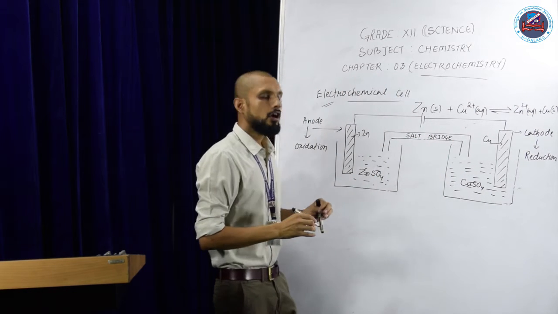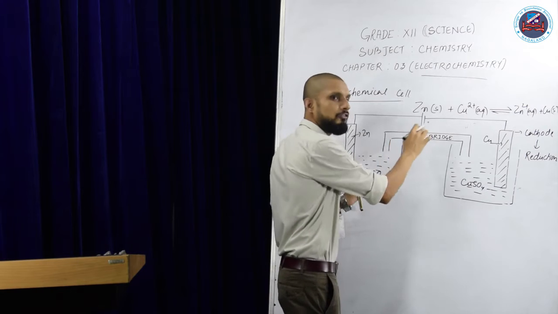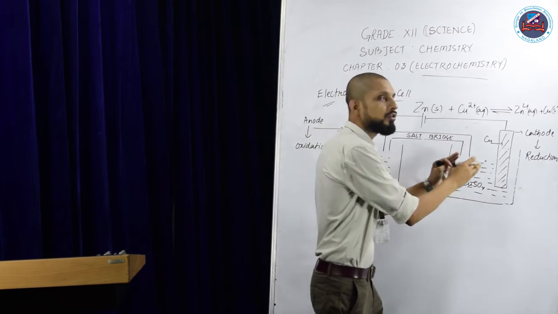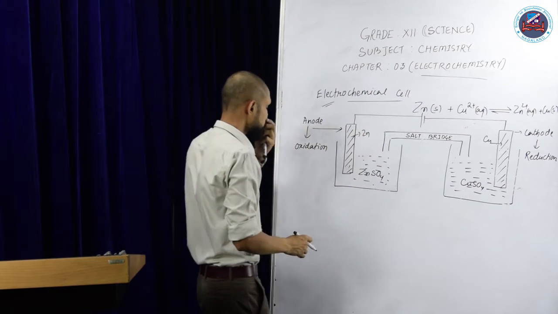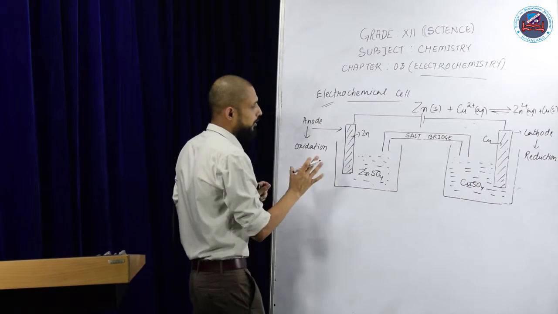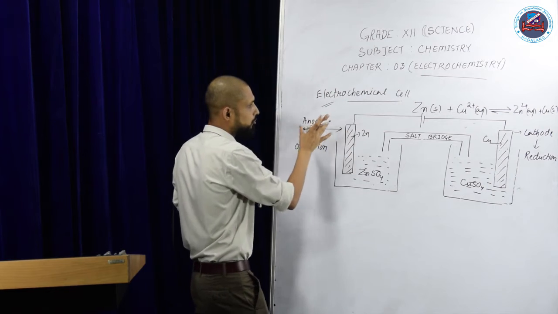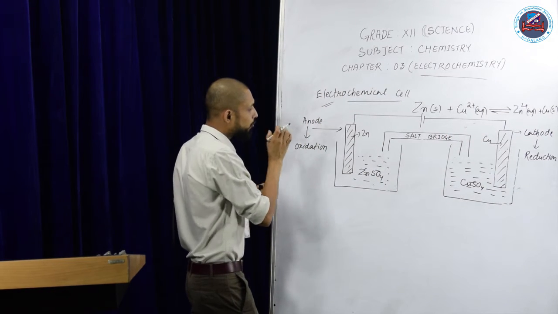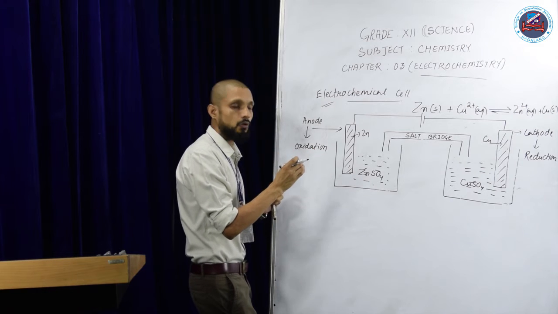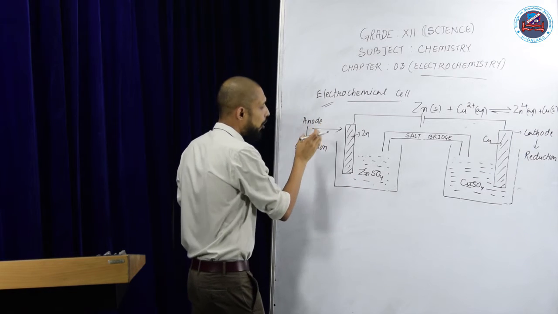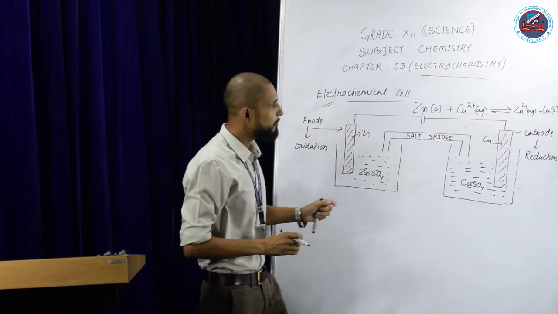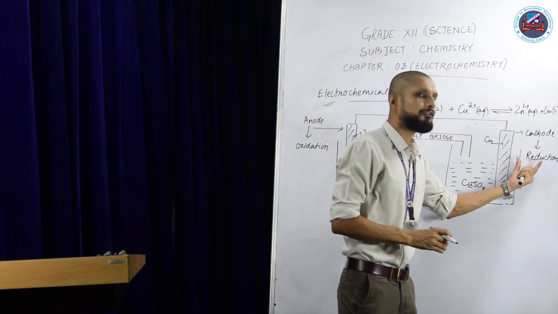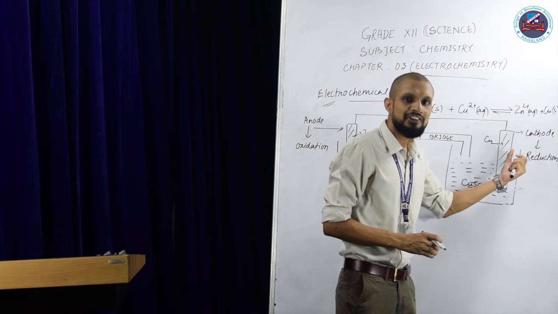This salt bridge will help us in the flow of electron from anode half cell to the cathode half cell. So you can say there are two half cells, anode half cell and cathode half cell. Anode half cell is also known as oxidation half cell. Why? Because at anode, oxidation will take place. Similarly, at cathode, reduction will take place. So this half cell is also known as reduction half cell.